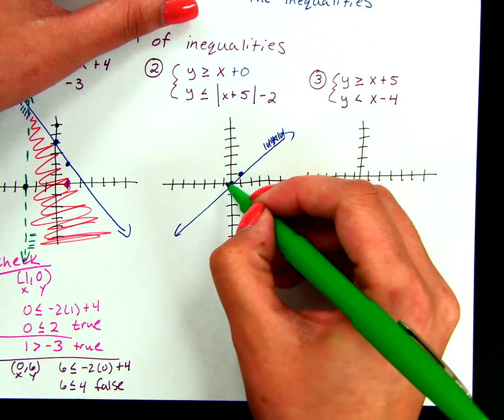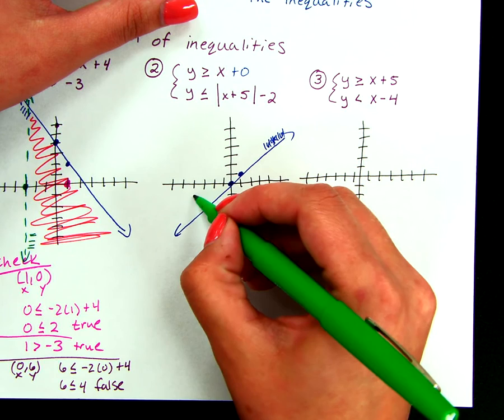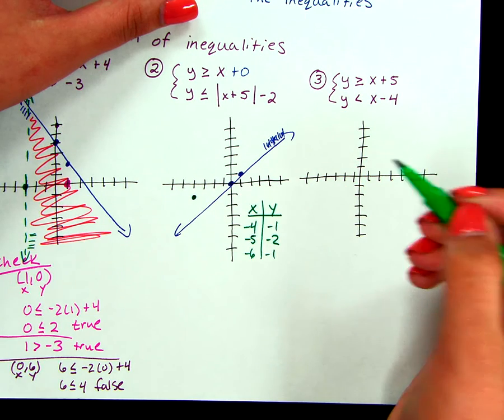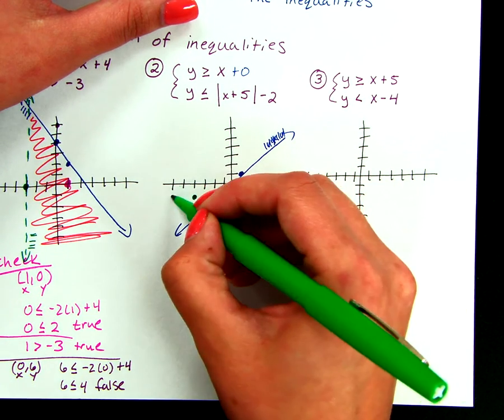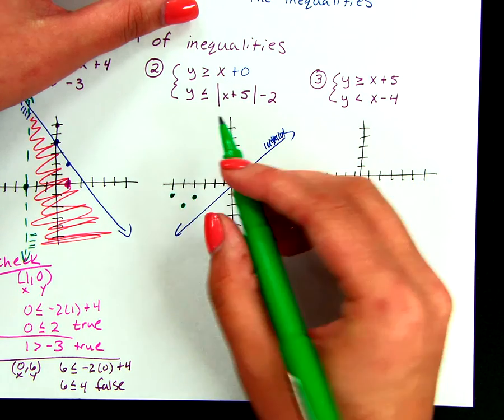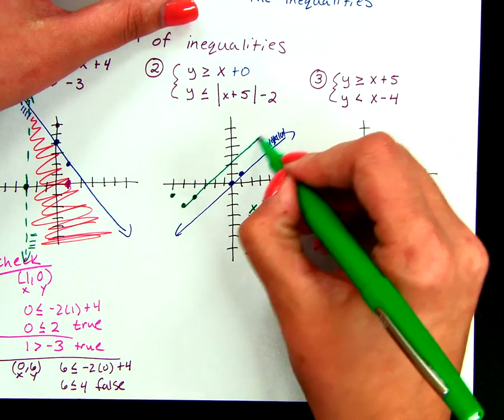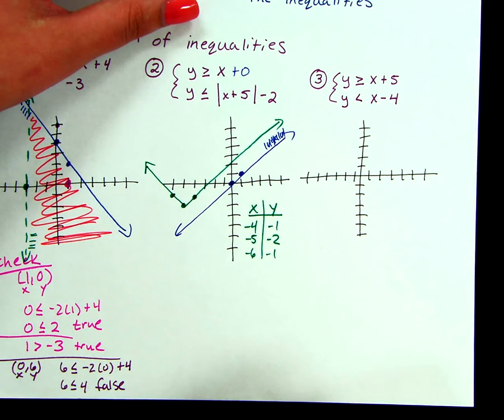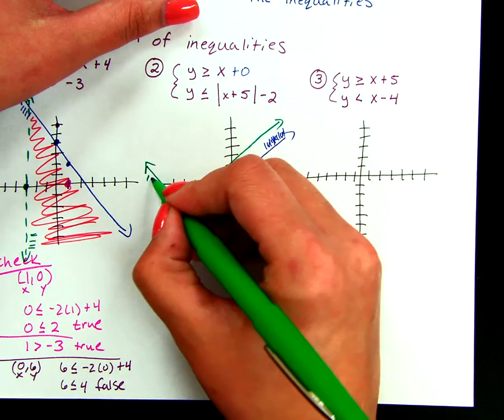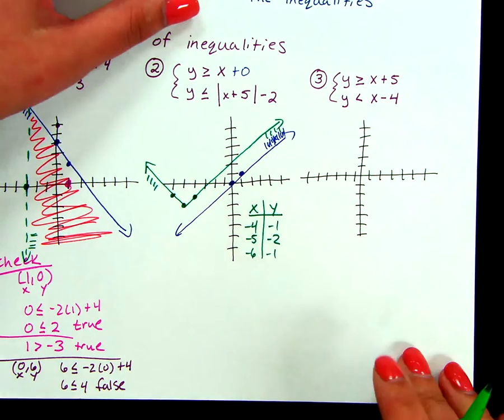So again, we're going to go left 4, and then down 1, left 5, down 2, left 6, down 1. And solid line, connecting it into that V shape. And then we want to shade below. So that's going to be on the outside of our V shape.